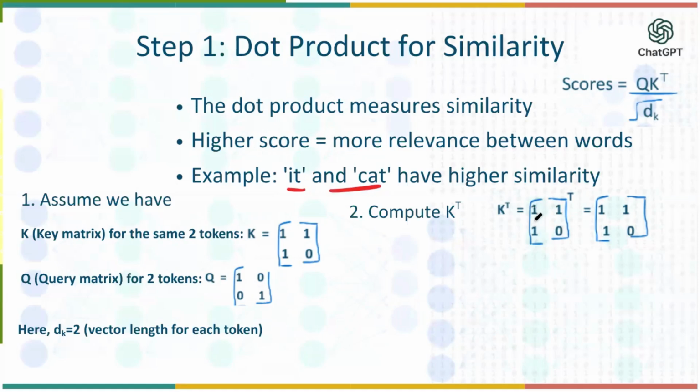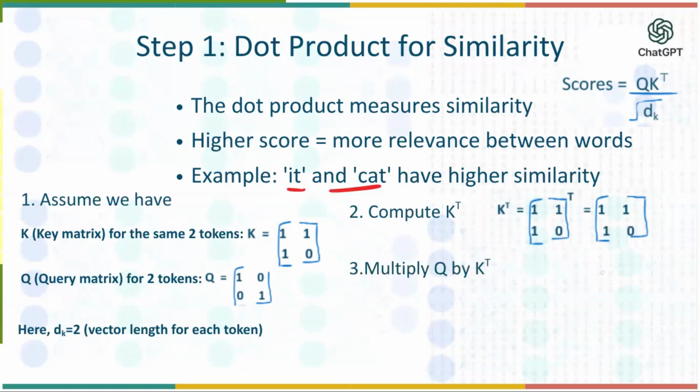The columns are [1, 1] and [1, 0]. When you turn the first column into the first row, you get [1, 1], which is the same. And when you turn the second column into the second row, you get [1, 0]. So we get the same result as the key matrix.